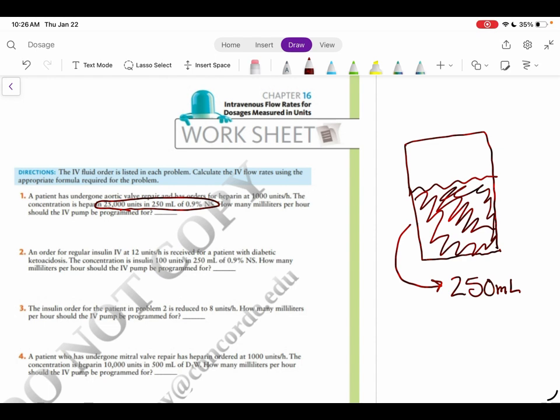But heparin is dosed in units, so it's 25,000 units in 250 milliliters, meaning that for every 1 milliliter, there's 100 units. 1 milliliter in this bag is equal to 100 units, okay?